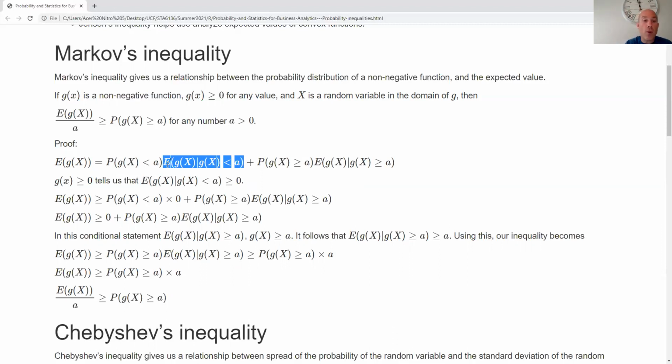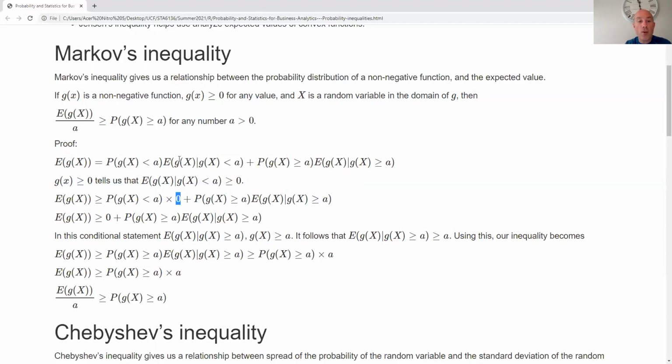Okay, well, if this is greater than or equal to 0, over here, this is a positive number or 0. This is a positive number or 0. And this is a positive number. Then I know that this part here, this whole thing, has to be greater than or equal to this, where you see that I've replaced one part with 0.